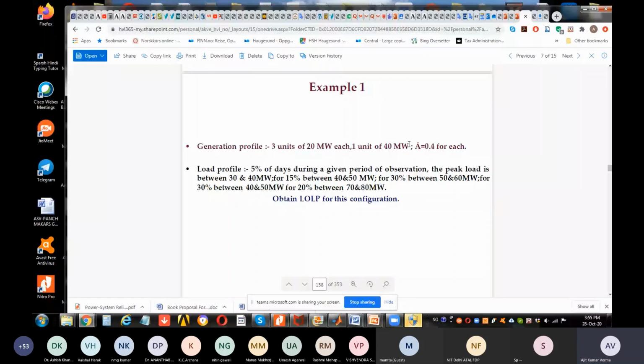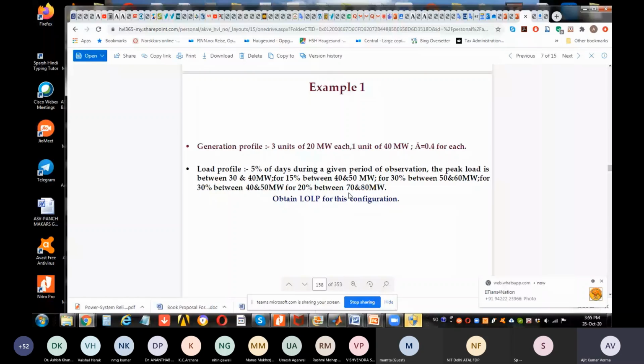For 5% of days during a given period of observation, the peak load is between 30 and 40, 15% between 40 and 50, 30% between 50 and 60, 30% between 60 and 70, and 20% between 70 and 80.